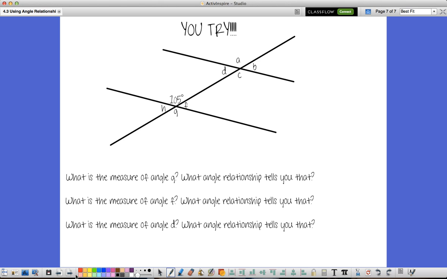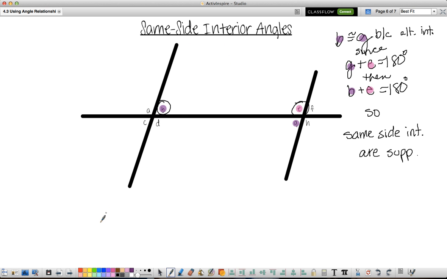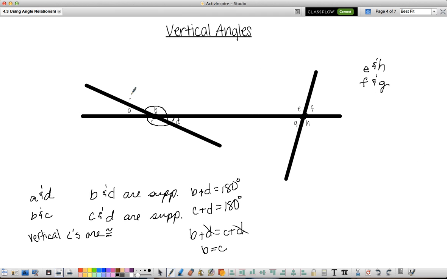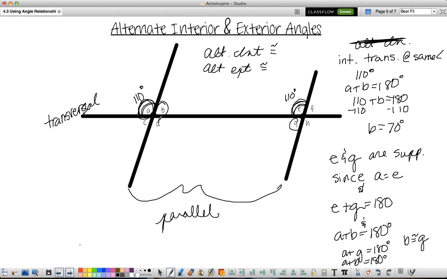So as long as you have one angle measure, you can find all the rest of these angle measures using different rules. I know we didn't go through a lot of examples here, but use what you know. Vertical angles are congruent.